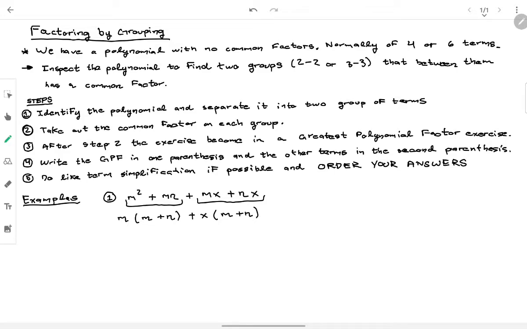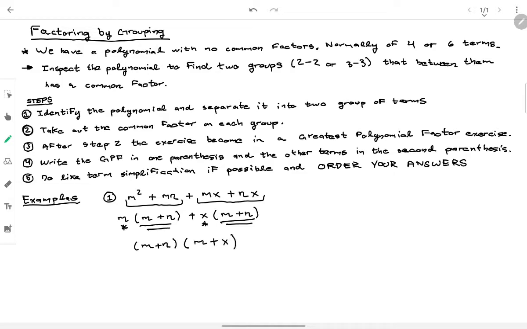In this case, we can see that the problem has become a greatest polynomial factor exercise. So we can continue as a greatest polynomial factor exercise: the greatest polynomial factor in one parenthesis, the other terms in the other parenthesis.